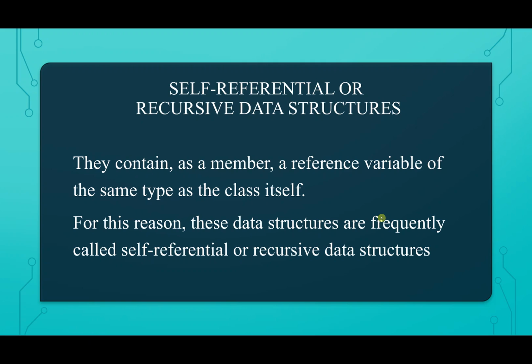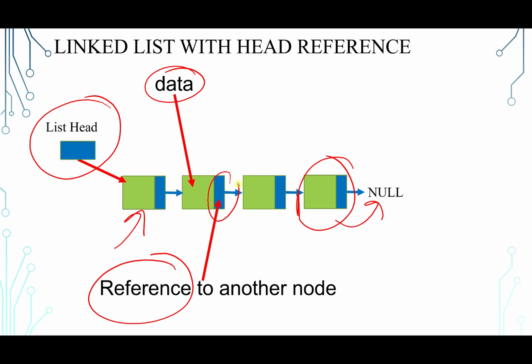So let's talk about something called self-referential or recursive data structures. They basically contain, as a member, a reference variable of the same type as the class itself. For this reason, we call them self-referential or recursive data structures. It's basically this pointer.